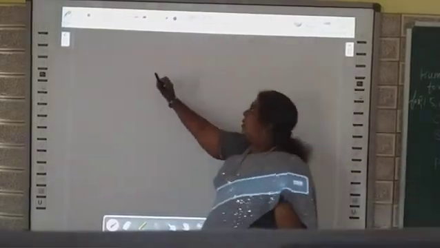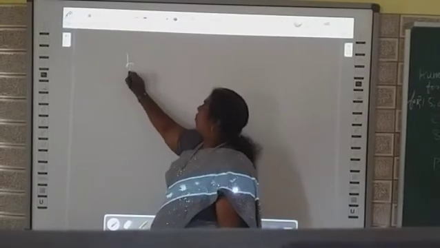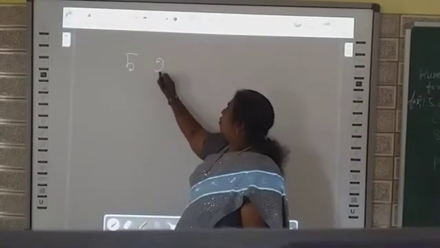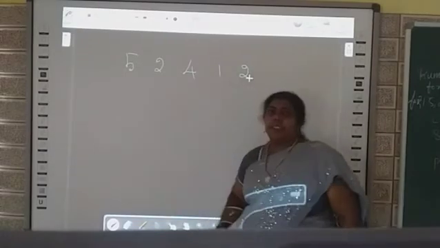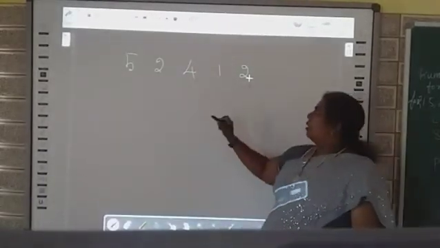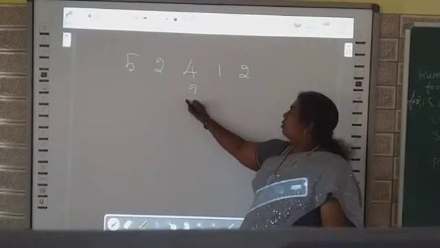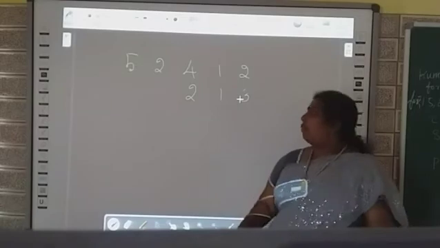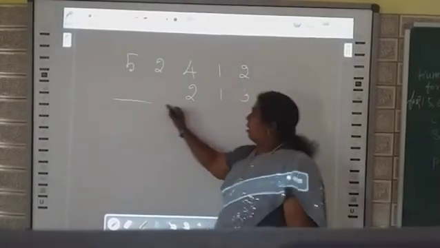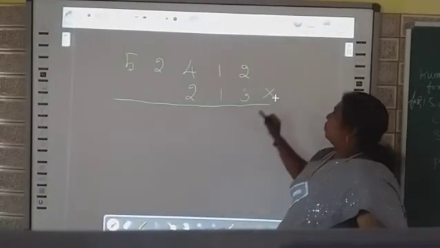Example: 52,412. This is a 5-digit number. Then the 3-digit multiplier, 2,130. 113. Yes. Multiply.